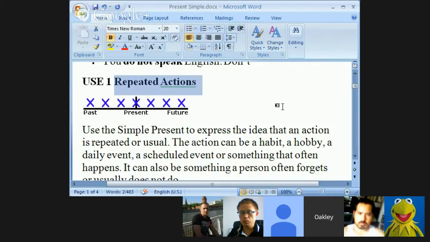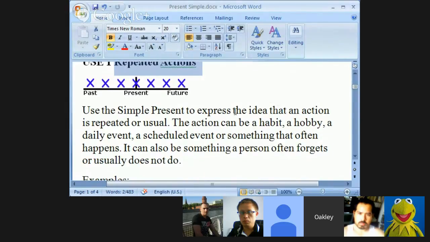First, we are going to practice making sentences that express a repeated action. It is repeated or it is usual. In the diagram, I think this pretty well expresses it. X, X, X, X. This action takes place all the time. It does not necessarily have to be every hour. It just has to happen regularly.